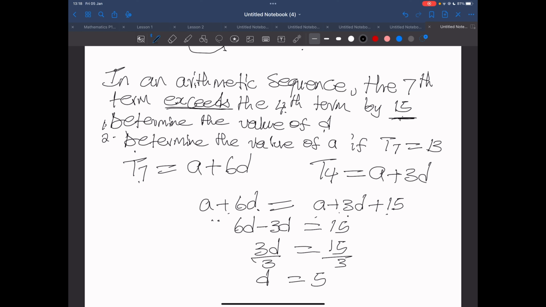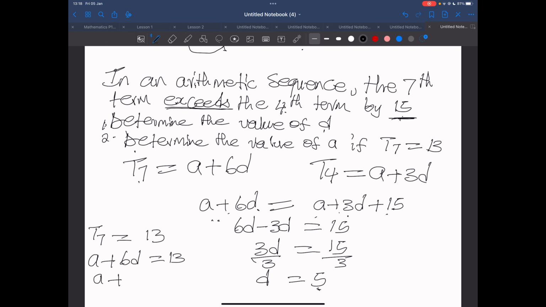Determine the value of a if term number 7 is 13. So in other words, we are going to have term number 7, which they said equals 13. According to what we said, term number 7 is a plus 6d. So this is 13. So we substitute the d that we calculated here so that we can get a.